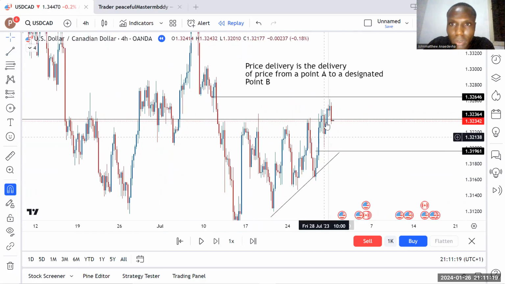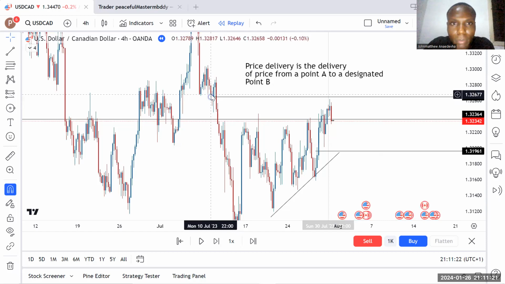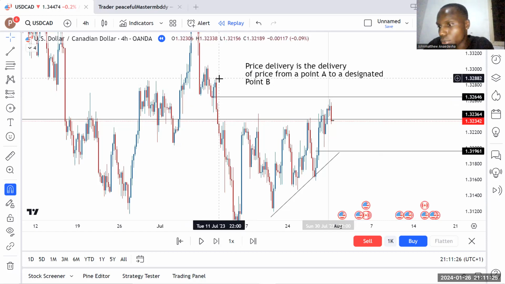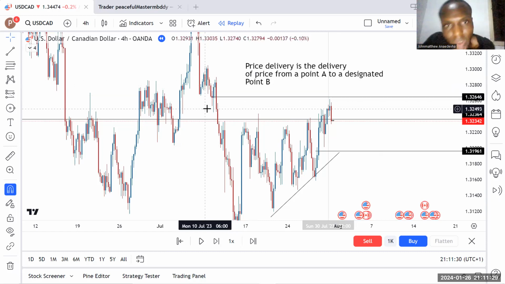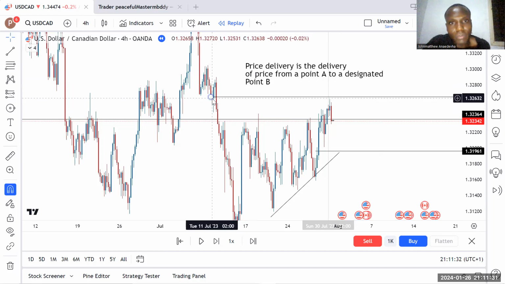So we can see now that the market has tapped into the 4 hour time frame point of interest where the market was rallying to the upside. Like we said before, from this support zone, this demand zone, price was dominantly buying, right? Before it broke all the way to the downside and created an imbalance.